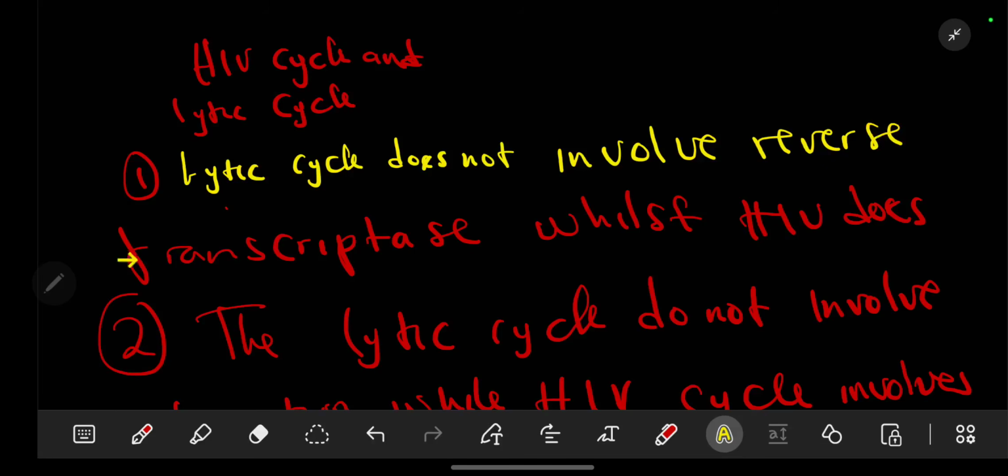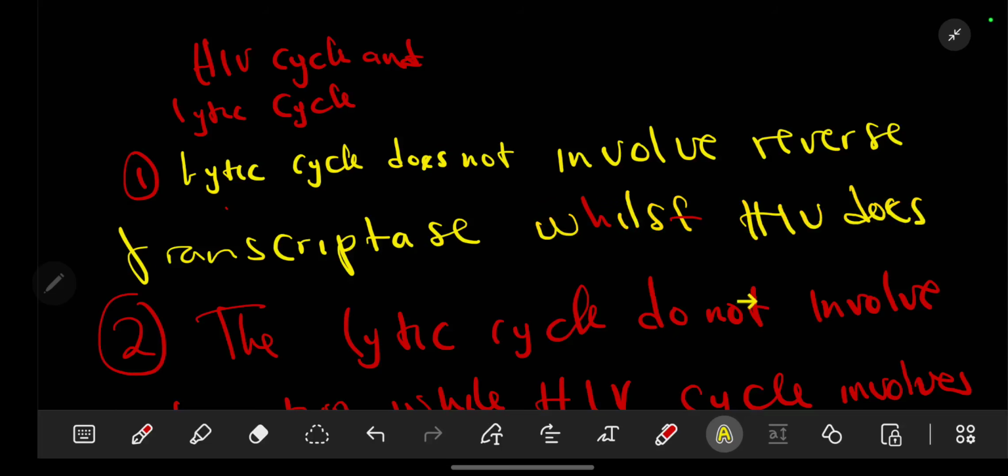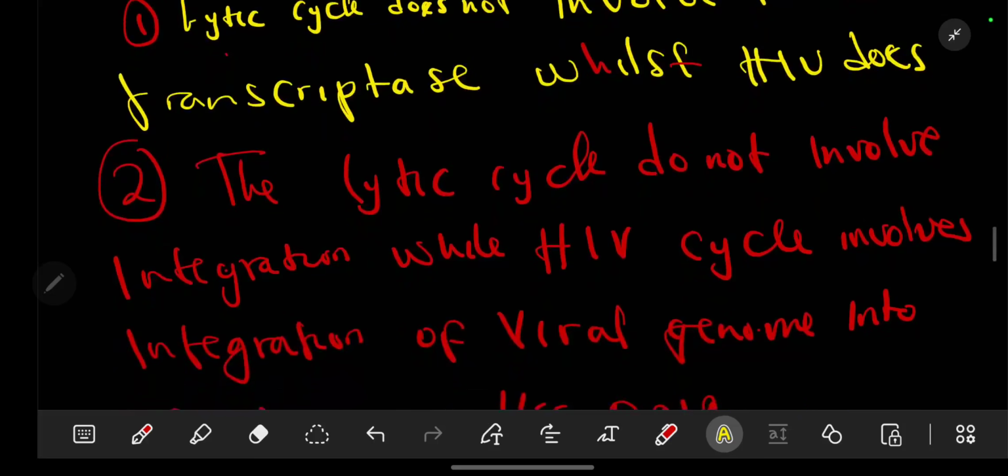If you recall from the video of the lysogenic and the lytic cycle, there was no mention of the enzyme reverse transcriptase, while HIV does have reverse transcriptase. The other thing that is important is that the lytic cycle does not involve integration.